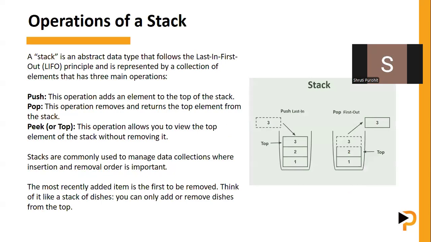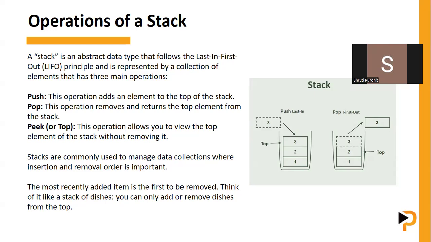So it's an abstract data type which implements the principle of last in, first out, and is represented by a collection of elements with three main operations. First one is push. It means inserting the element into the stack at the top, and pop is the operation which removes or fetches the data or element from the top of the stack. And peek, obviously, always indicates the top.